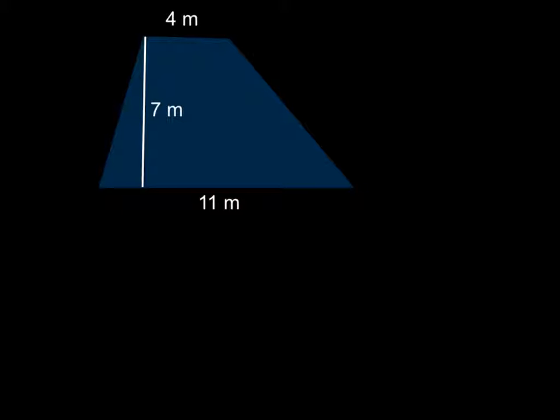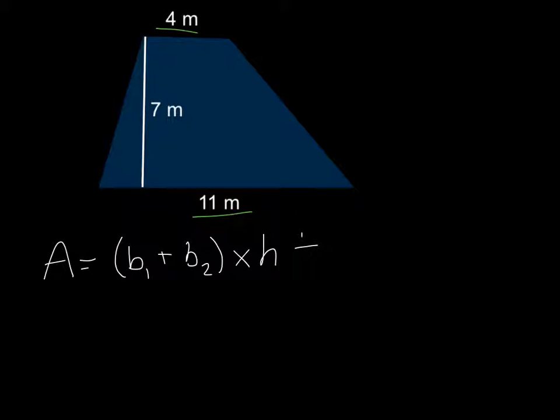So, let's think about my steps. I want to imagine that imaginary parallelogram, which means I need both my bases together to give me one long base. So, my area formula equals B1 plus B2 times H divided by 2. Because, of course, all of this part up to this point would be as if I had a parallelogram.